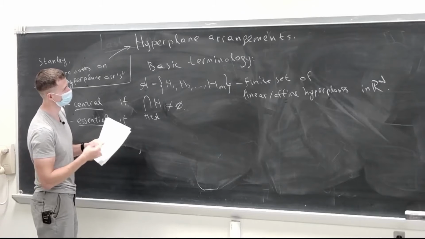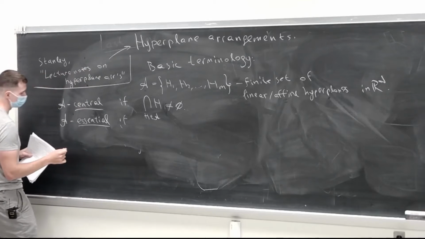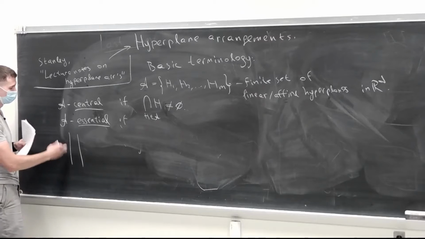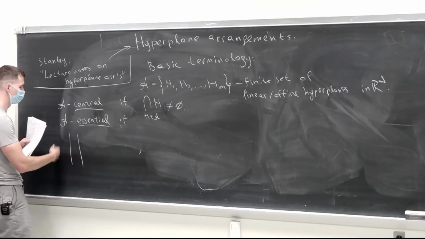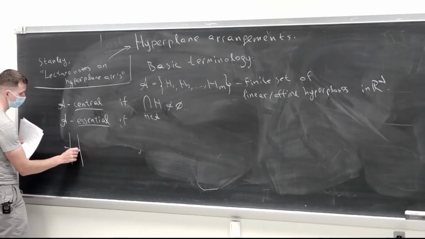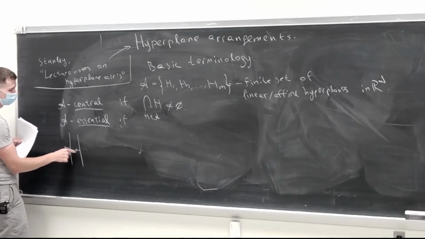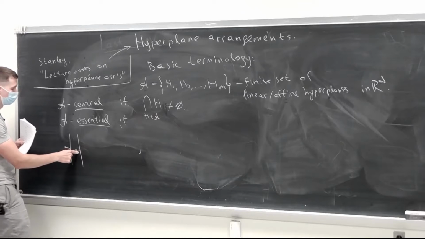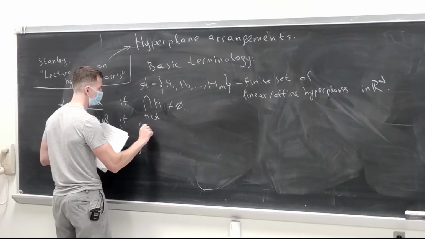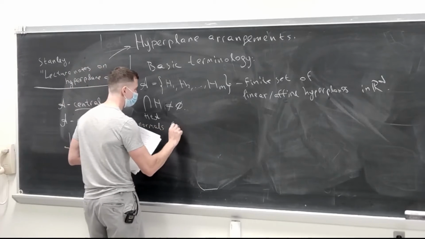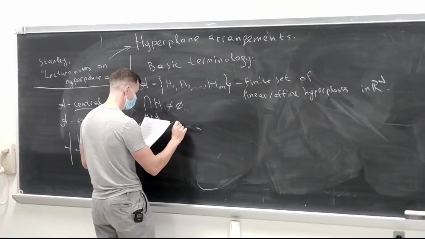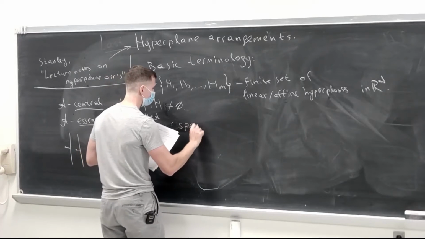Actually, let me draw a non-essential picture. The non-essential picture looks like this: two parallel hyperplanes in the plane. And why is it not essential? Because the normal vectors don't form a basis. So it's essential if the normal vectors form a basis of R^d.